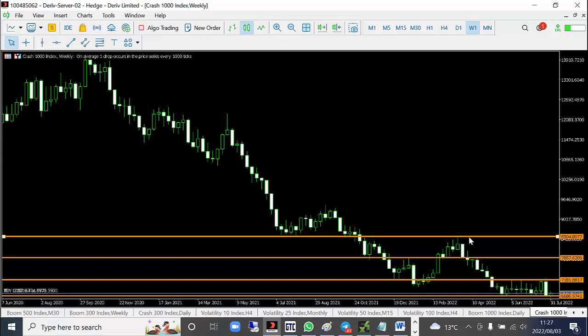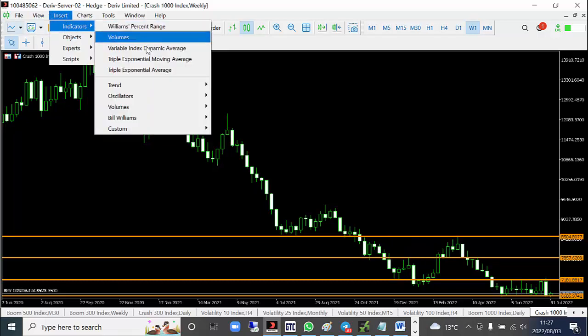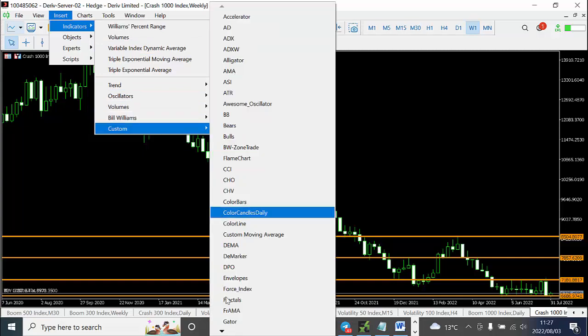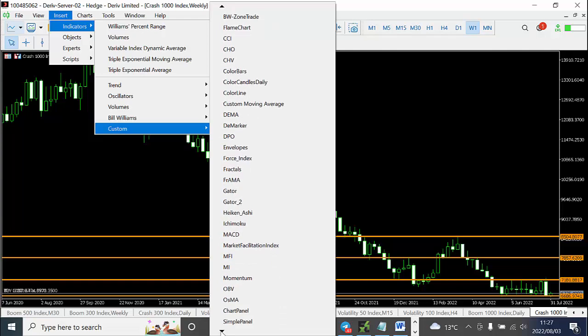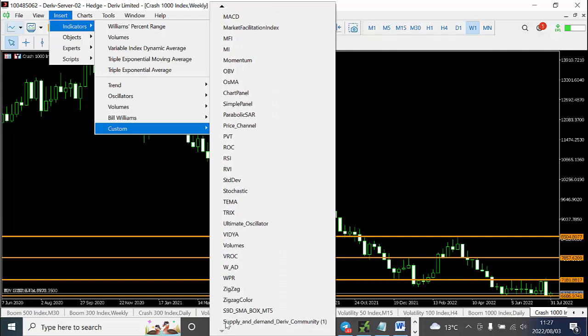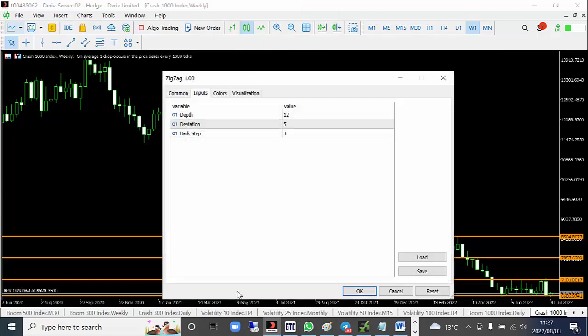You can see why. For some of us who don't know how I'm picking these lines, I'm not just picking the line. You can come to insert, indicator, custom, and scroll down and use what we call zigzag. Zigzag will help you to figure out all these things.